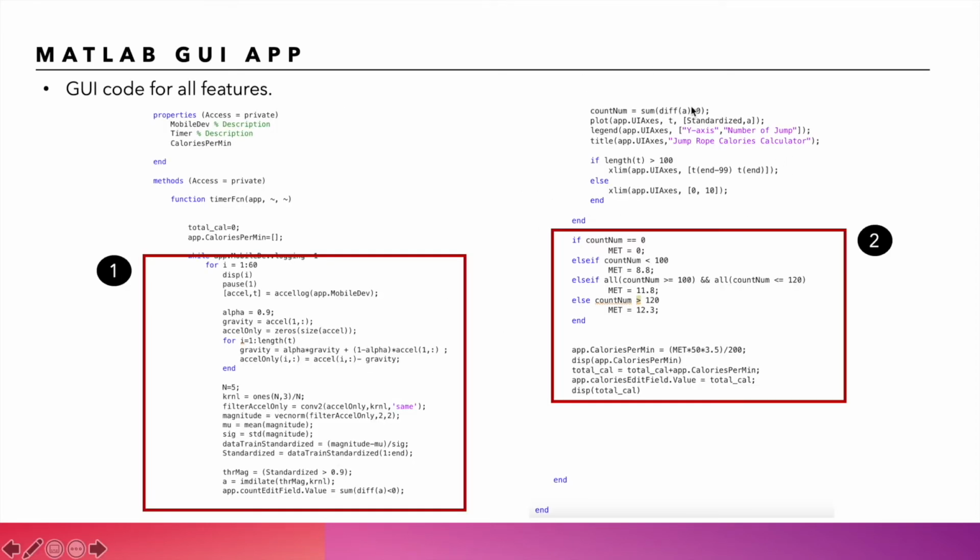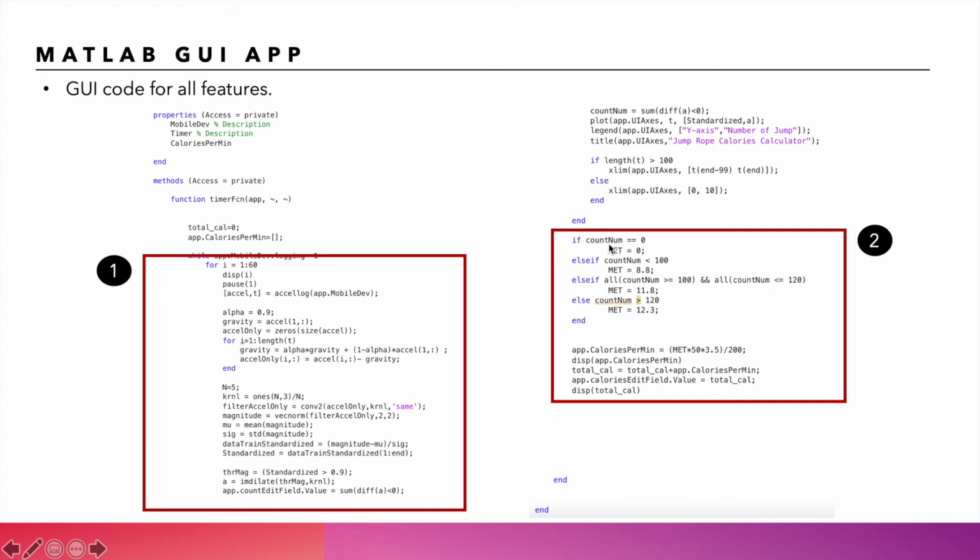The figure on the right side is the second feature, the calorie calculation. I start with making the conditions. The count number is the variable that stores the number of jumping rope skips.